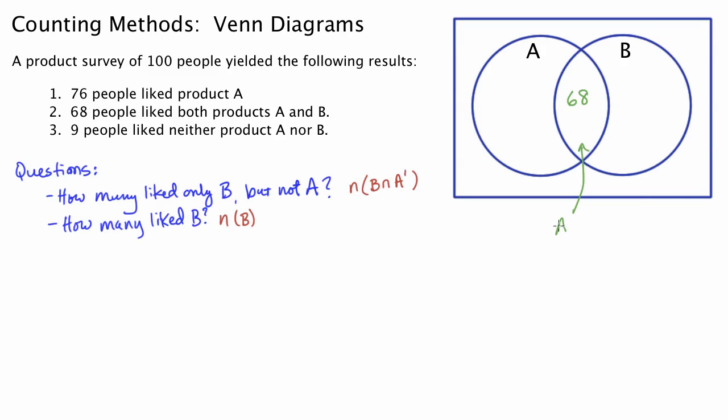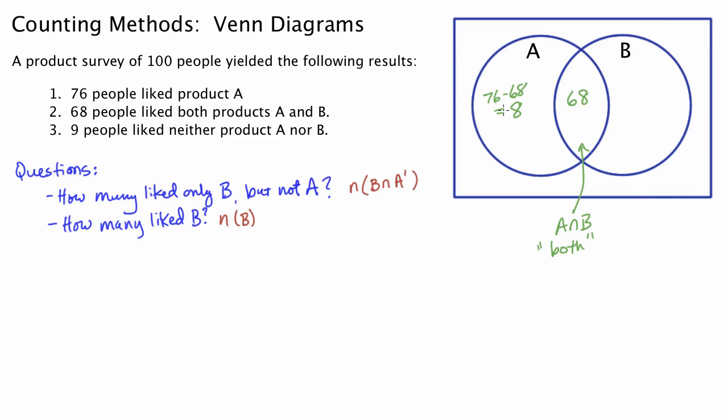Remember, this is A intersect B, and we think of this as both A and B. In other words, it's the overlap of the two. So there's 68 in there, which means that because we know there's 76 in the entire circle for A, there's 76 minus 68, or 8 people left in A, but not B.